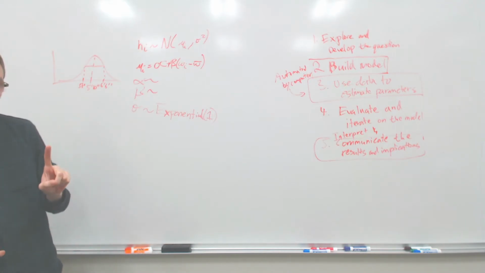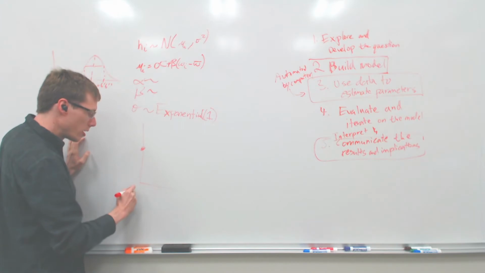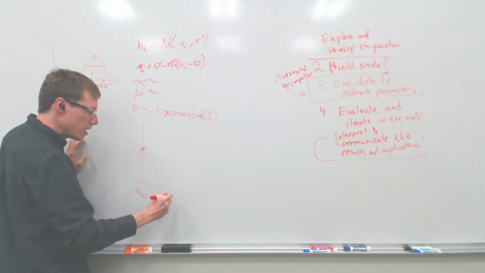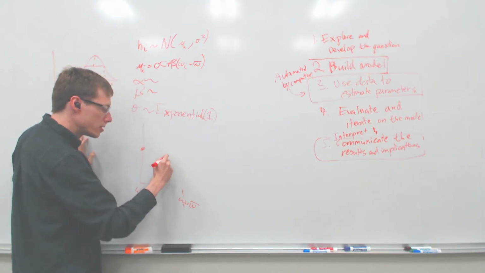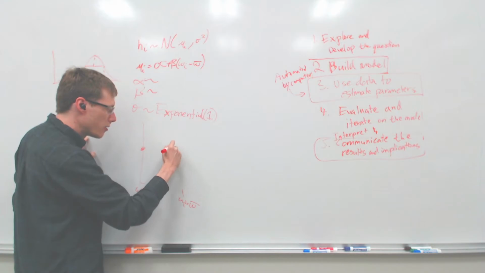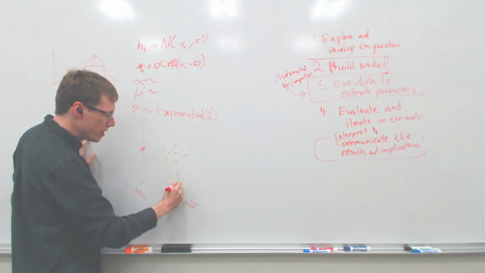So now we've shifted it. Instead of alpha being where it intersects when the weight is equal to zero, it's now what we expect the height to be when the weight is equal to the average weight, right? So here, if we have this, we go, okay, what's the average weight? Well, it's right here.